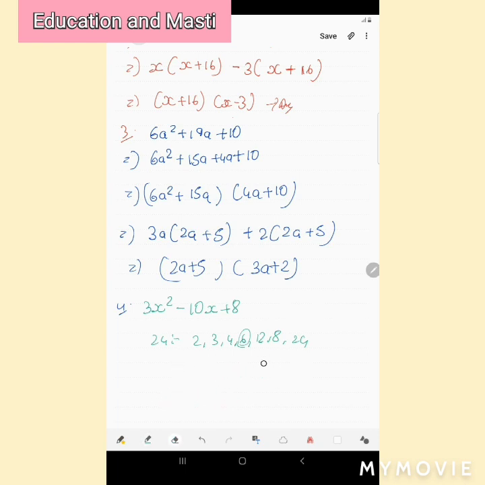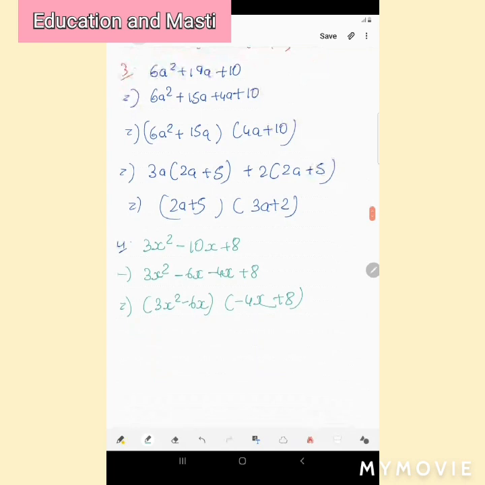Now we have minus 6 and minus 4, so let's do that. 3x square minus 6x minus 4x plus 8. As usual, we will take in common: 3x square minus 6x, and minus 4x plus 8. Here 3 and x are common, so I will take out 3x and write x minus 2.